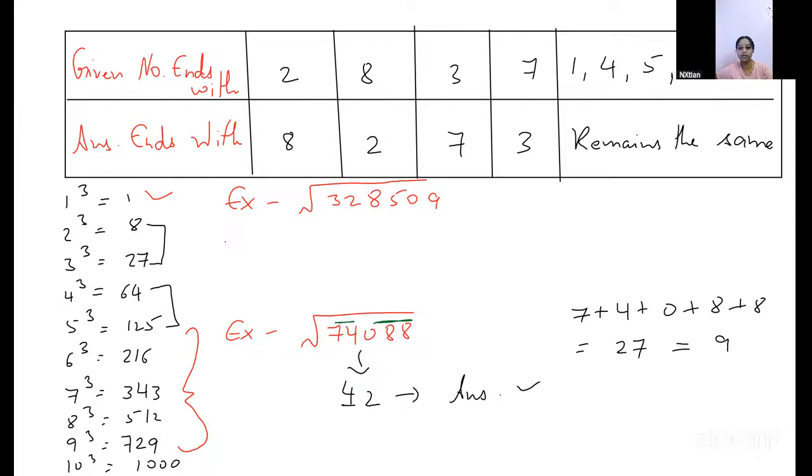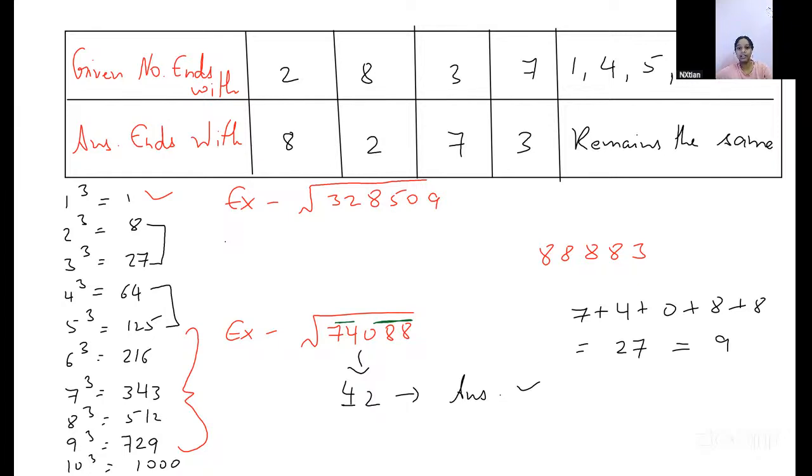Yes, Simeon. Will 88883 be able to be solved by the sutra? Yes, solve it. 88883. We have to check if it is a perfect cube number or not.